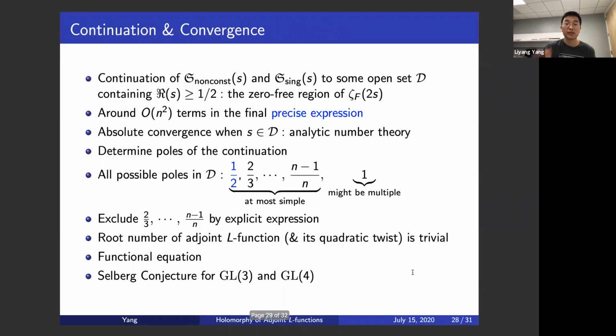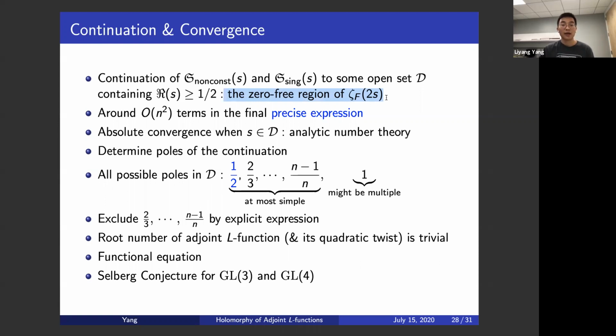What we can do is to get continuation of these terms to some open set containing the right half plane. This is some open set, so that we can use the functional equation. Eventually, you can take this region to be the zero-free region of Dedekind zeta functions.